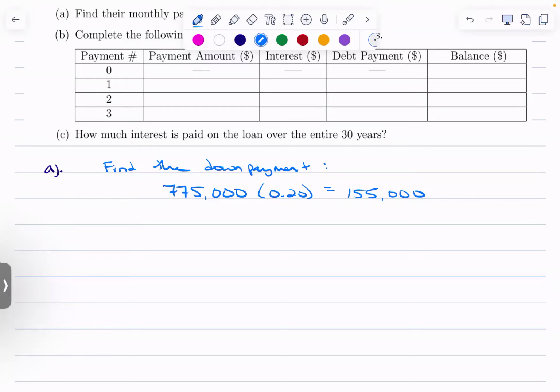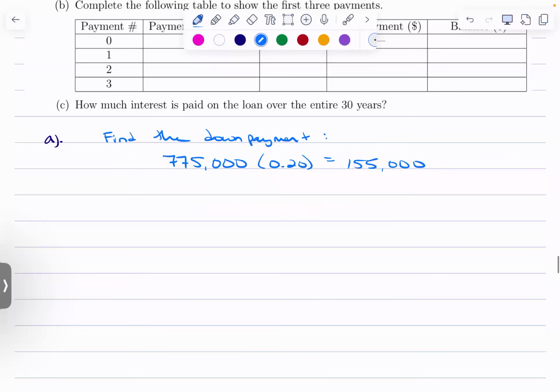20% is a large percentage, right? And so you kind of check, multiply that by 5, okay, should get back to 775,000. Good. This is cash, right? They're paying it down. They don't have to borrow it.